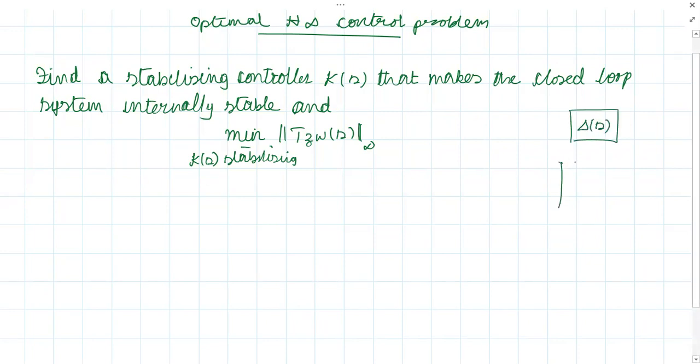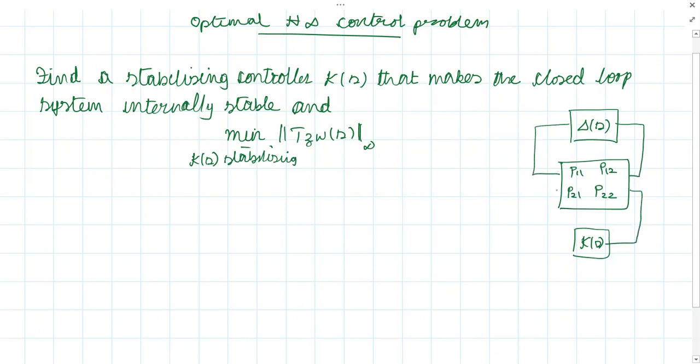This was our nominal plant, wherein we had P11, P12, P21, P22, and here was our controller block, K of S. So this is Y. This is U. This was the input to the perturbation block Z, and this was the output from the perturbation block.